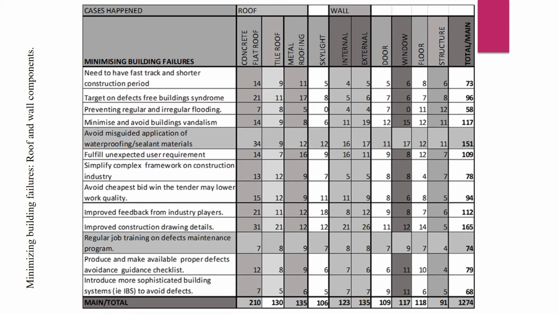Avoid misguided application of waterproofing sealant or sealant material. So it seems like the waterproofing solution, either on the wall or the flat roof, the CFR, is the most problematic, at 151, with 34 of it.